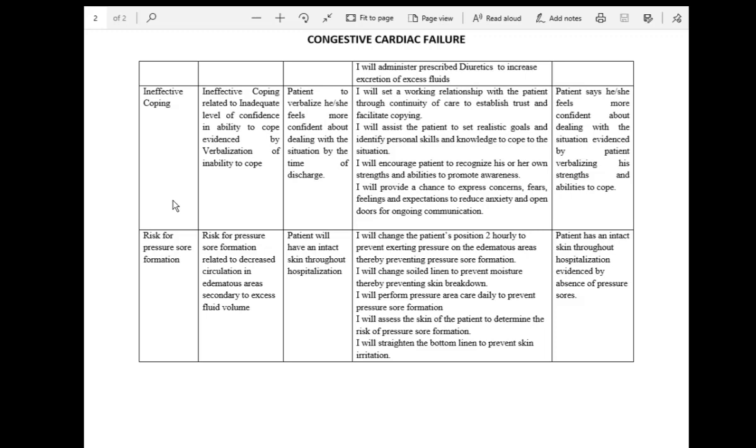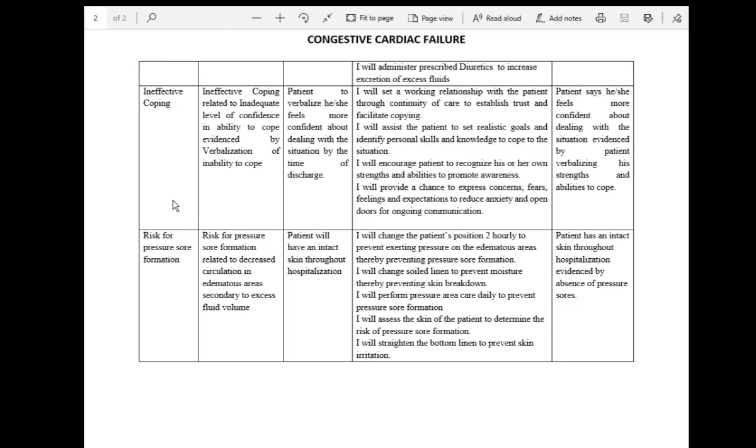So now how are we going to achieve that? We're going to put the nursing interventions in place. The first intervention is I will create a working relationship with the patient through continuity of care to establish trust and facilitate coping.